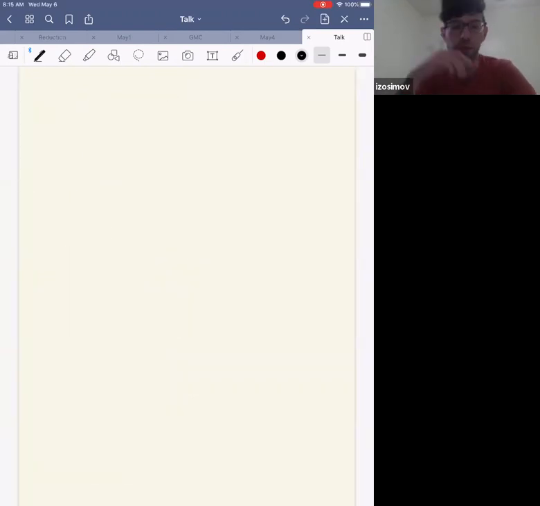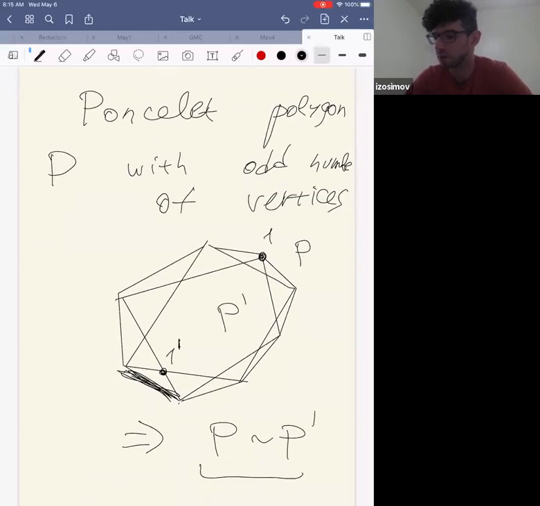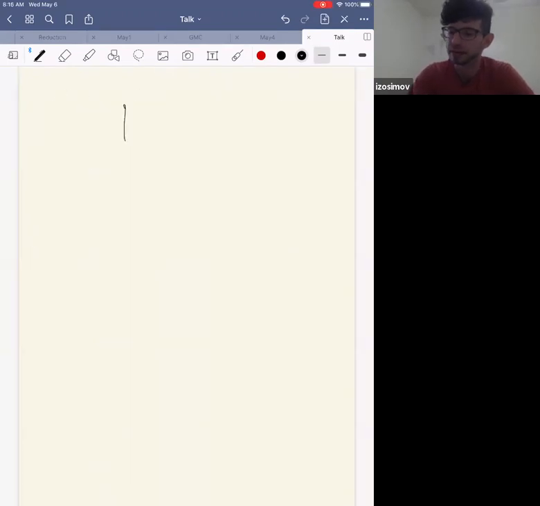Well, the problem I was interested in is some kind of an inverse problem for this one. Namely, assume that we have a polygon P with an odd number of vertices, and then we can form this polygon P prime, whose vertices are the intersection points of shortest diagonals of P. And let's assume that we know that P is projectively equivalent to P prime.